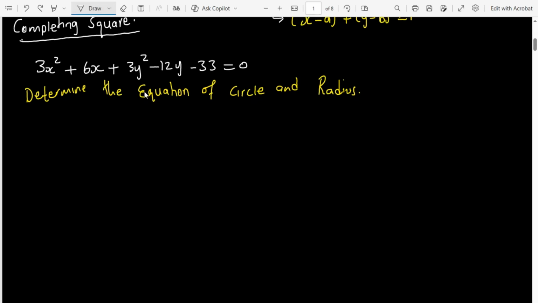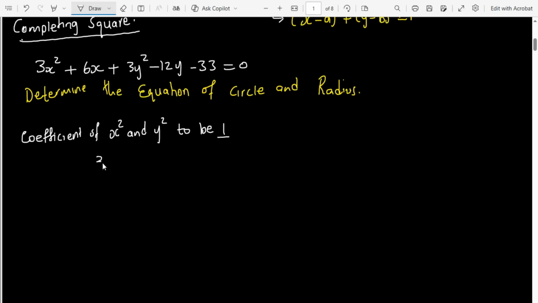We need the coefficient of x squared and y squared to be 1. Very important. That's the first thing we need to do.